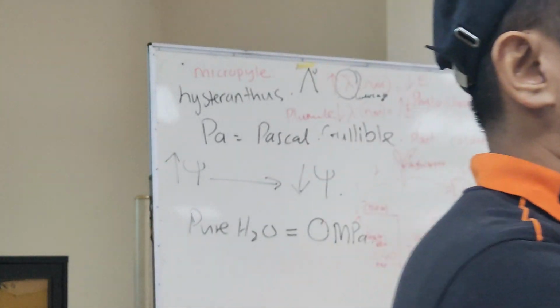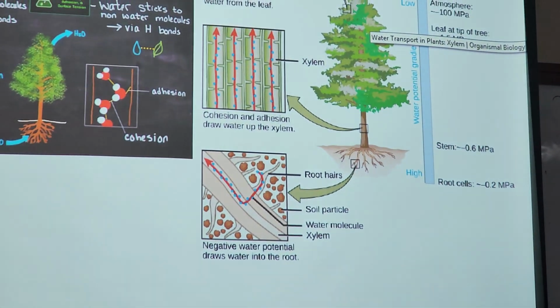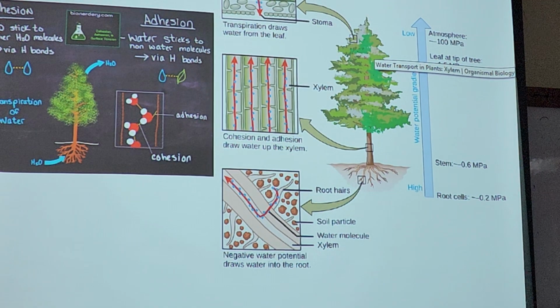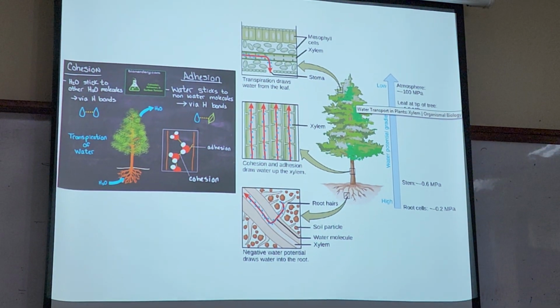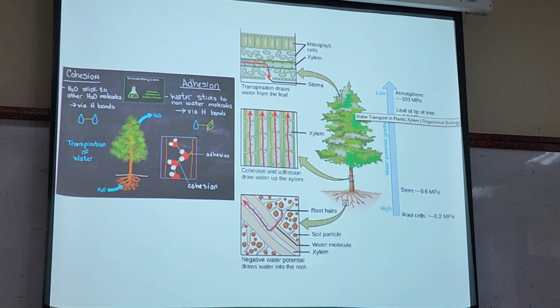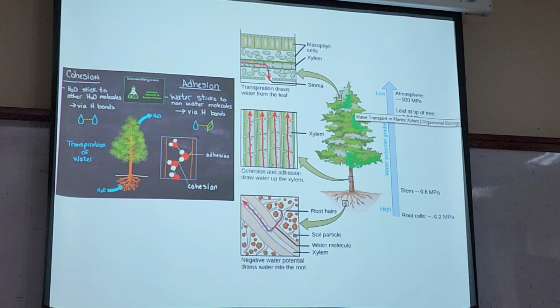Okay, so what is this actually? When we talk about water potential, it is actually the ability of the water to do a job. To do what job? To move according to the concentration gradient. And it follows from the high gradient all the way to the lower gradient.